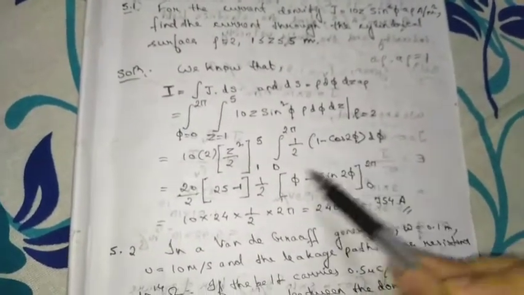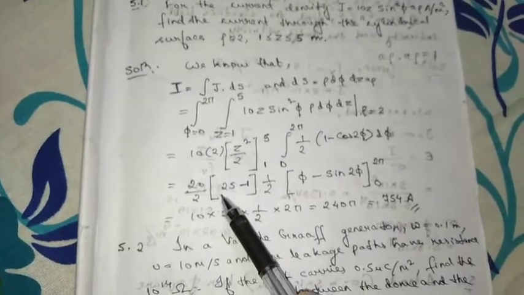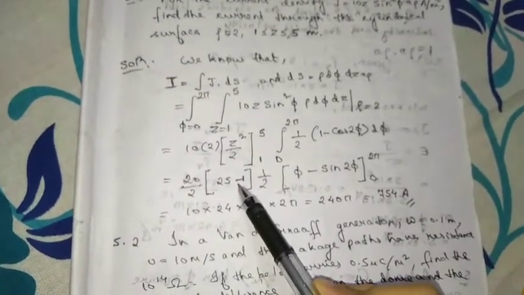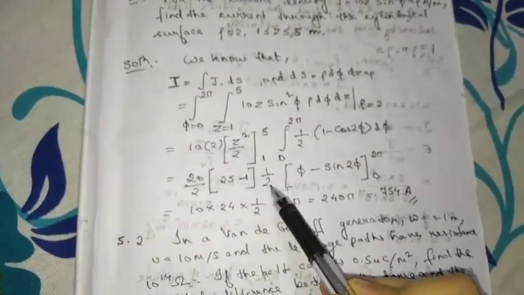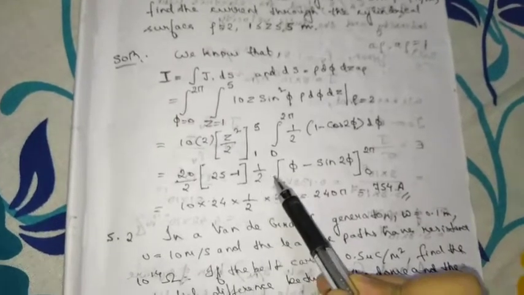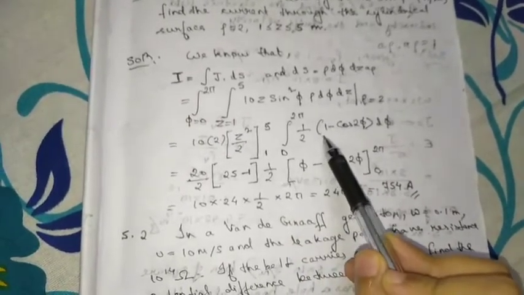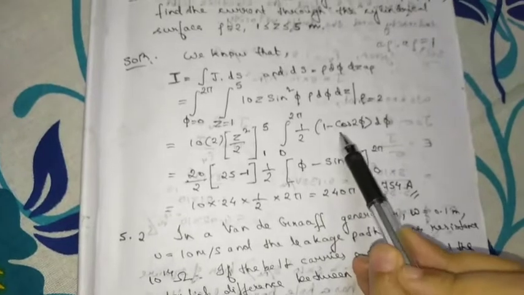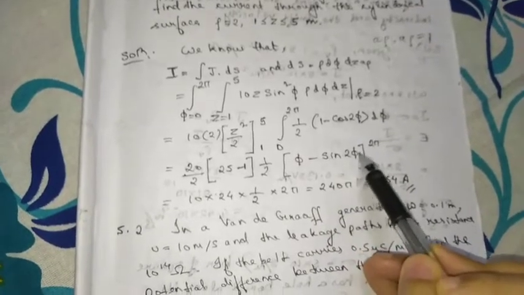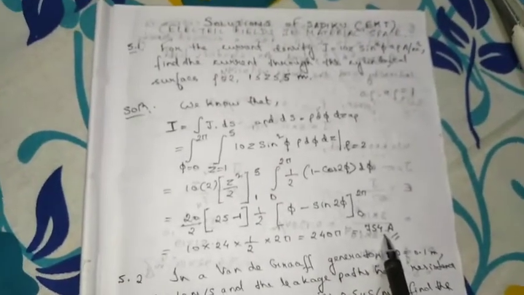So z square by 2 gives 25 minus 1, and the 1 by 2 we take outside, and this one will be the integration of 1 and cos 2 phi, sin 2 phi. So we will get the answer 754 ampere.